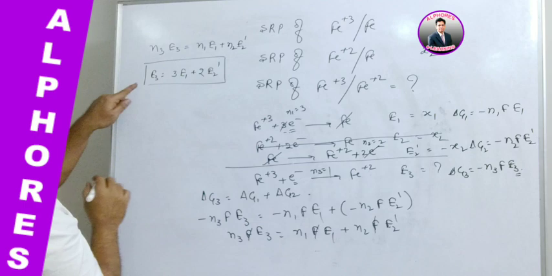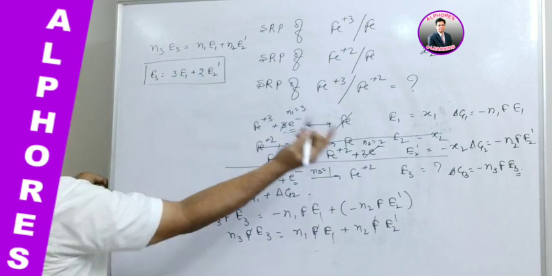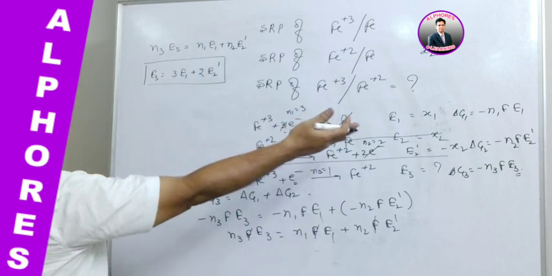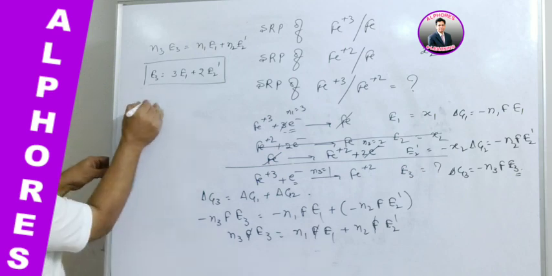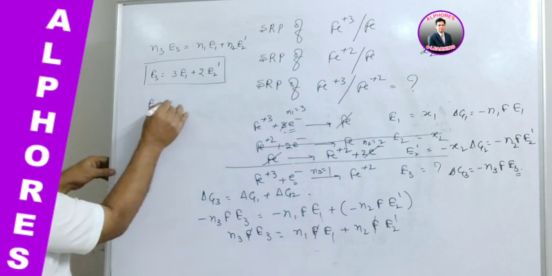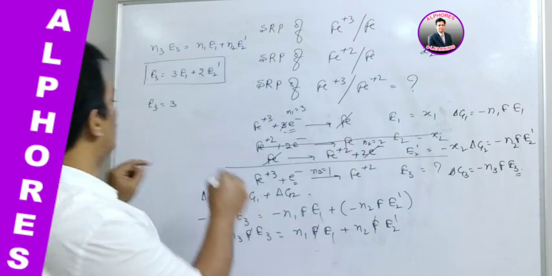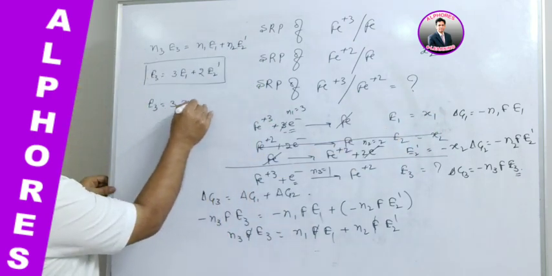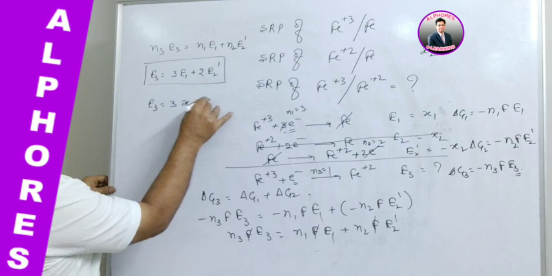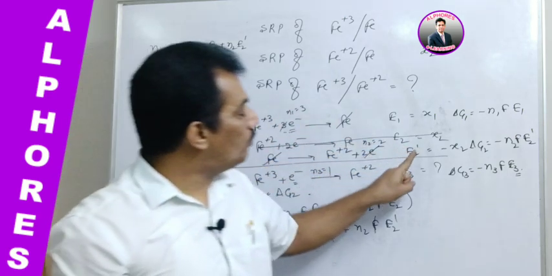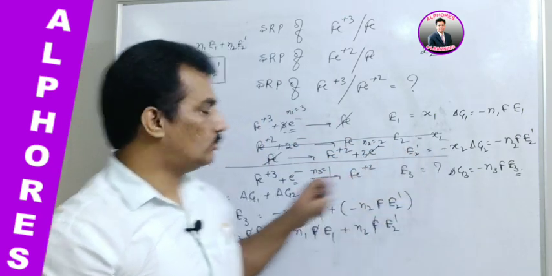And now we have to substitute E3, E1, E2 with the x1, x2 values. E3 is equal to 3 times E1, which is x1, plus 2 times E2 bar, which is minus x2.